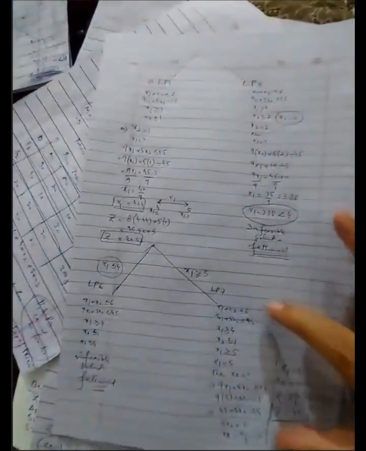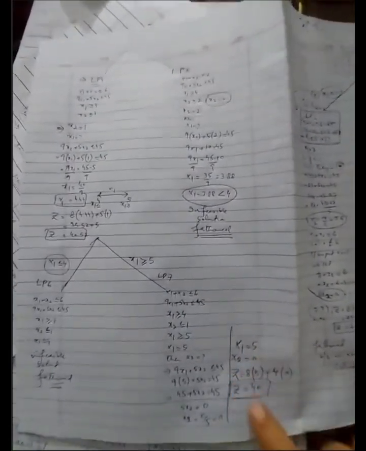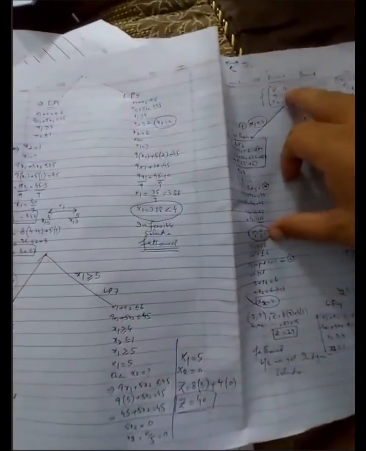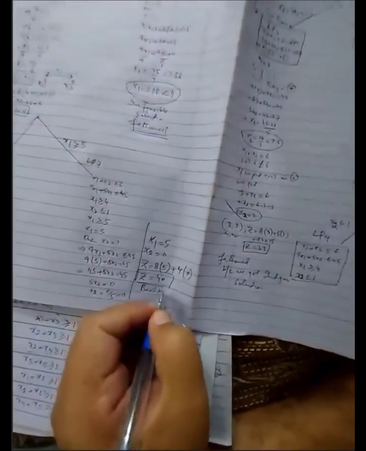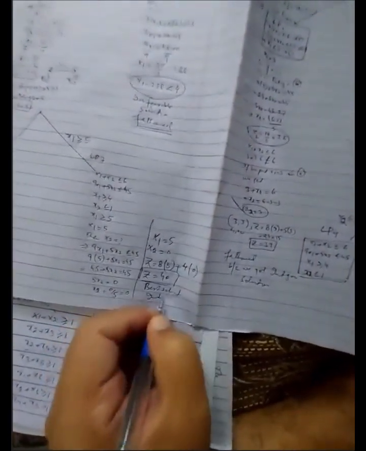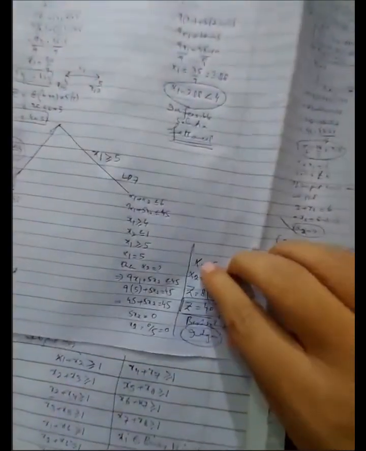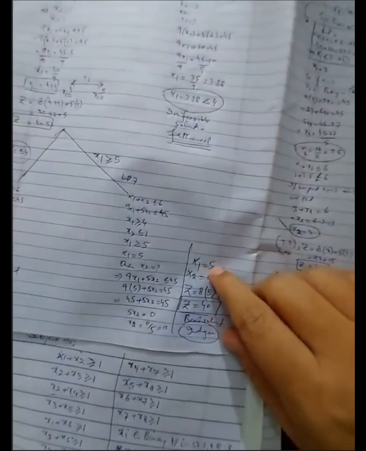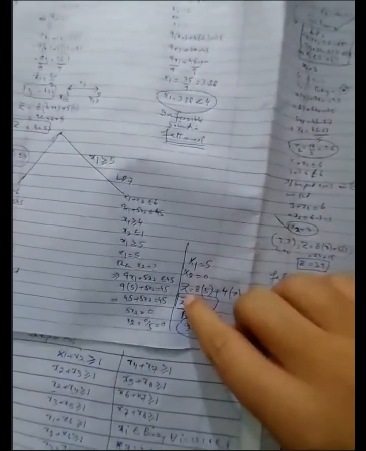Only in LP7 we got both x1 and x2 as integers. x1 is equal to 5, x2 is equal to 0, and z is equal to 40, which is close to 41.25. So this is the best integer solution, with x1 equal to 5, x2 equal to 0, and z equal to 40.